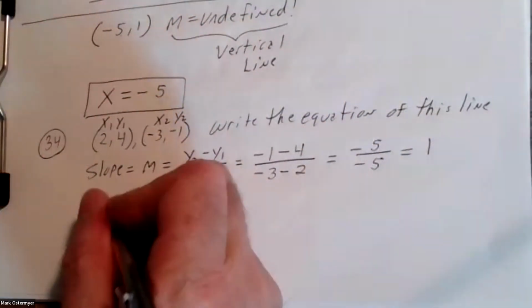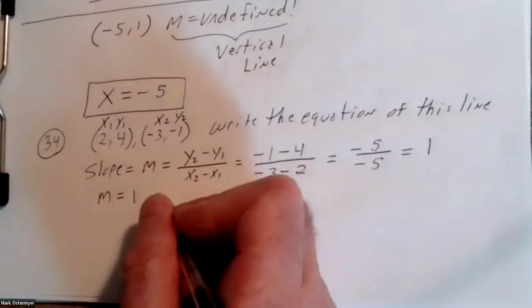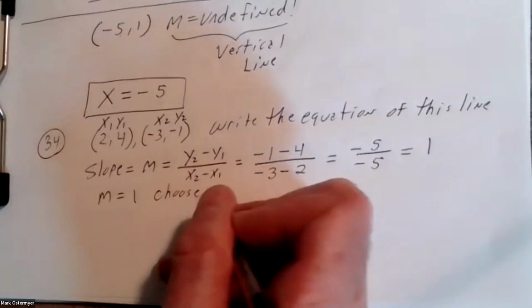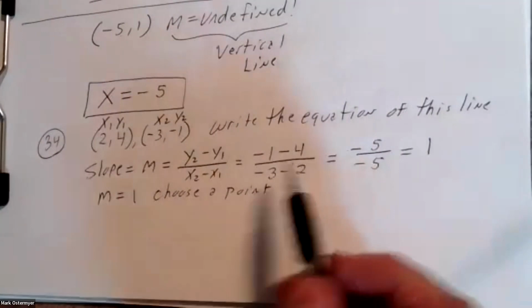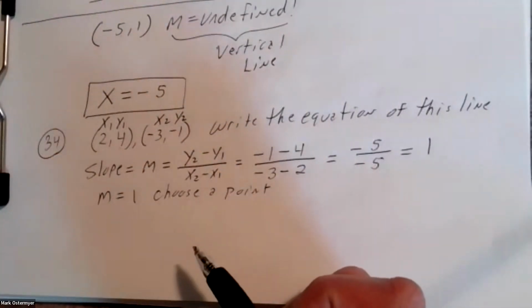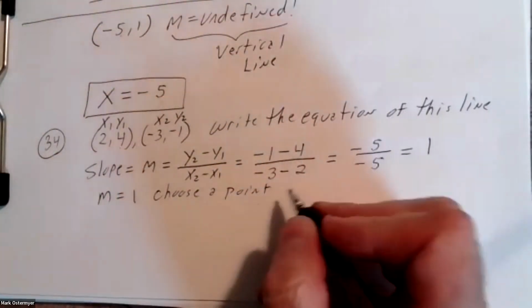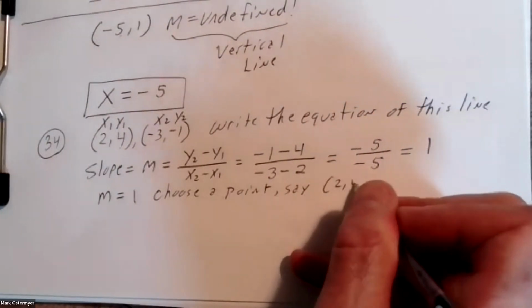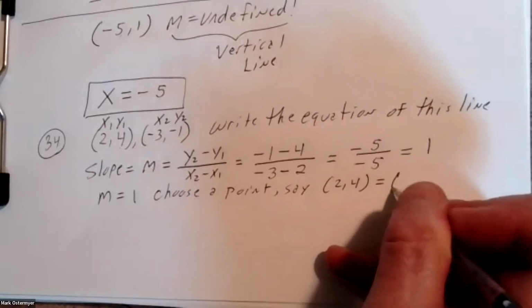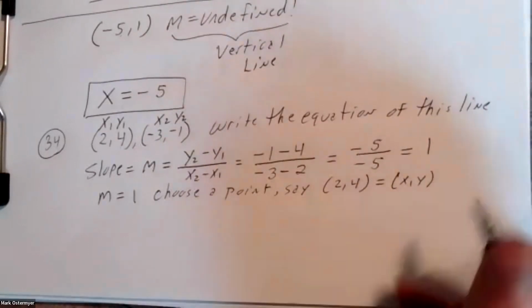Now we know the slope of our line is 1, and I'm going to choose a point now. It does not matter which point you choose, the first or the second one. You're going to get the same equation regardless. I'm going to choose the first point, which is 2, 4, and call that my point generically x, y.